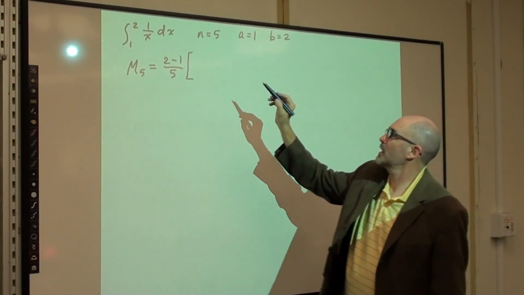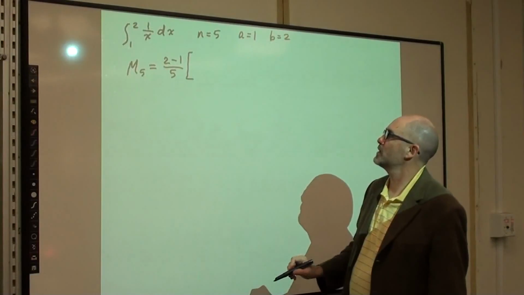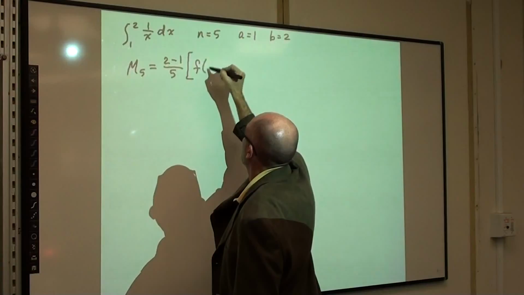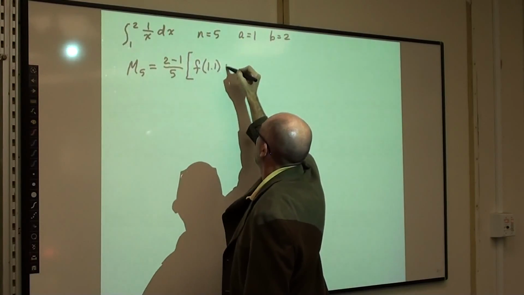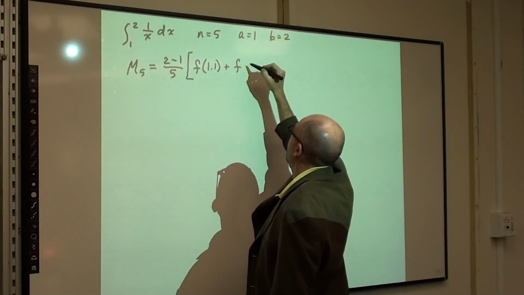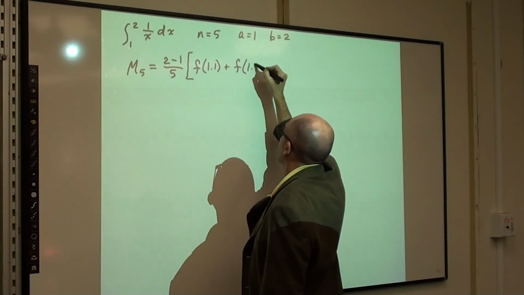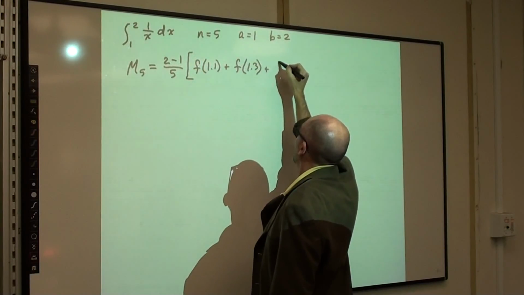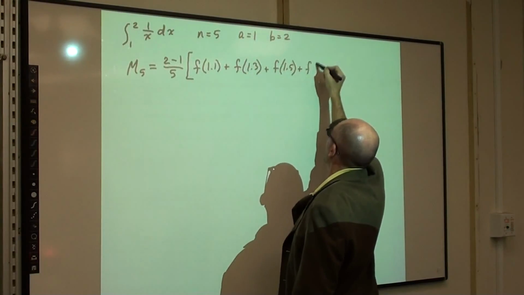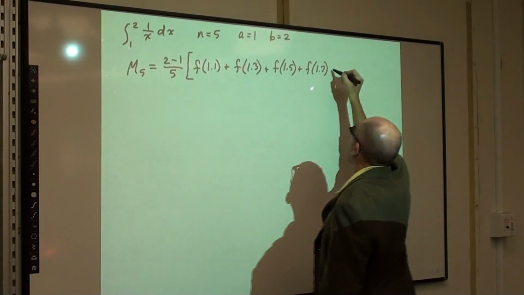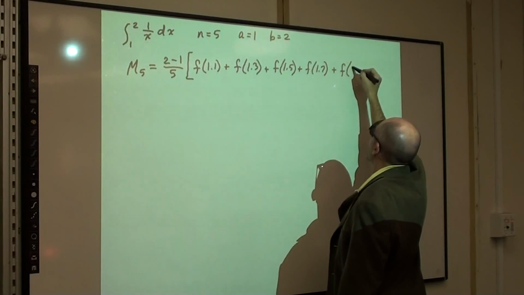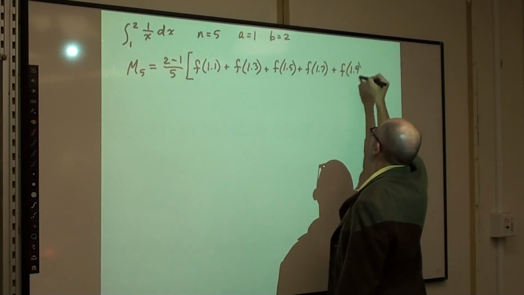The first rectangle is going to go from 1 to 1.2. So we want the midpoint of that, which is 1.1. Then the midpoint from 1.2 to 1.4 is 1.3. Then the next midpoint is 1.5, then the next midpoint is 1.7, and the last midpoint is 1.9, which is the rectangle that goes from 1.8 to 2.0.